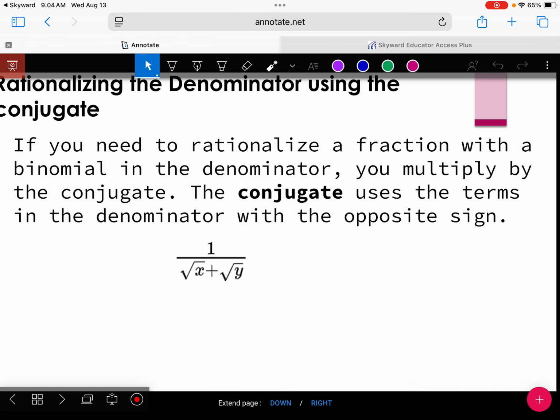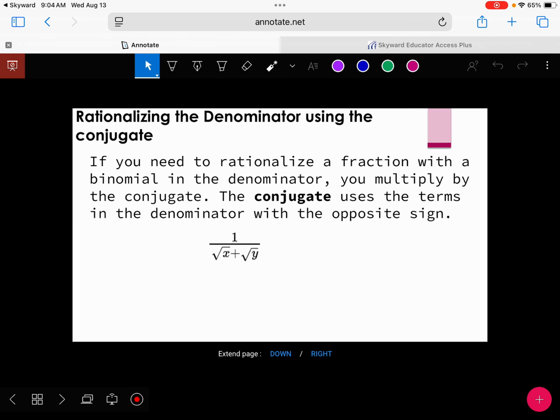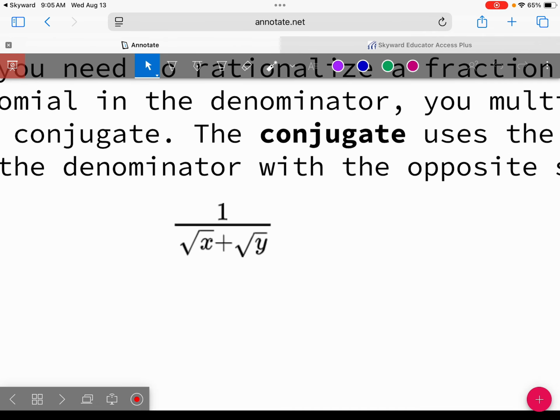So we're going to talk through our conjugate again because it's kind of a weird concept. We're going to be trying to force these to complete the square so we can get radicals out of our denominator. So we had this example one yesterday where we looked at 1 over square root of x plus square root of y.